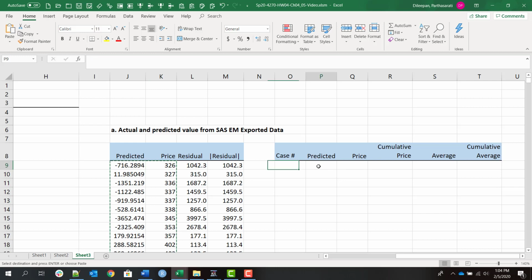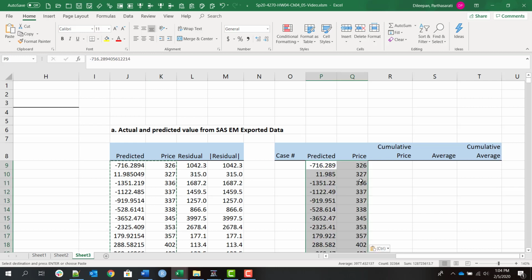So predicted and price. Okay. So now what we have to do is to sort these two columns by predicted.